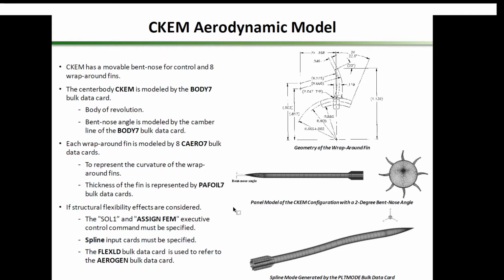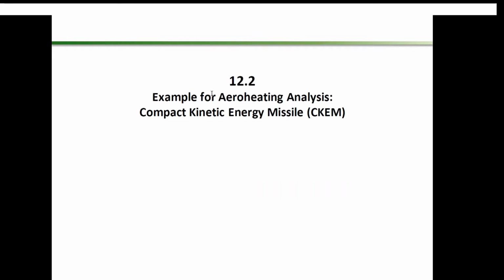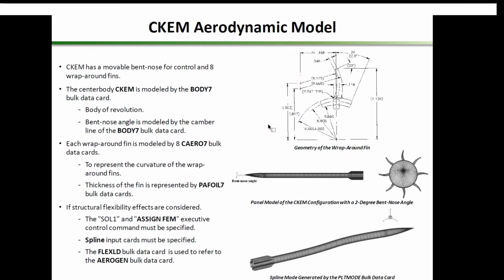So let's give you an example. This is called the compact kinetic energy missile, CKEM. The CKEM has all movable band nodes for control and 8 wrap around fins. The center body of CKEM is modeled by a BODY7 card.